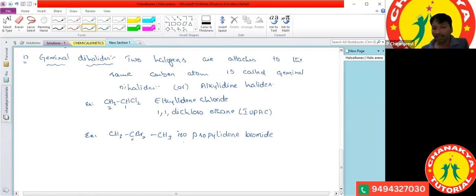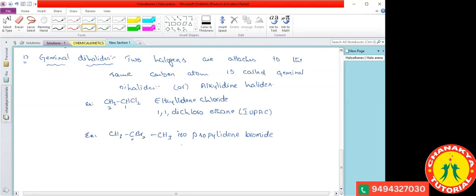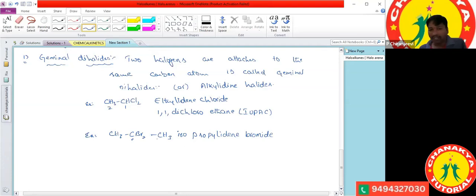And what is the IUPAC name of the given compound? Any one of you? 2,2-dibromopropane. Very good, Aditi. First of all, the longest chain, so the root word contains 3 carbon atoms, and the substituent has to get the least number.